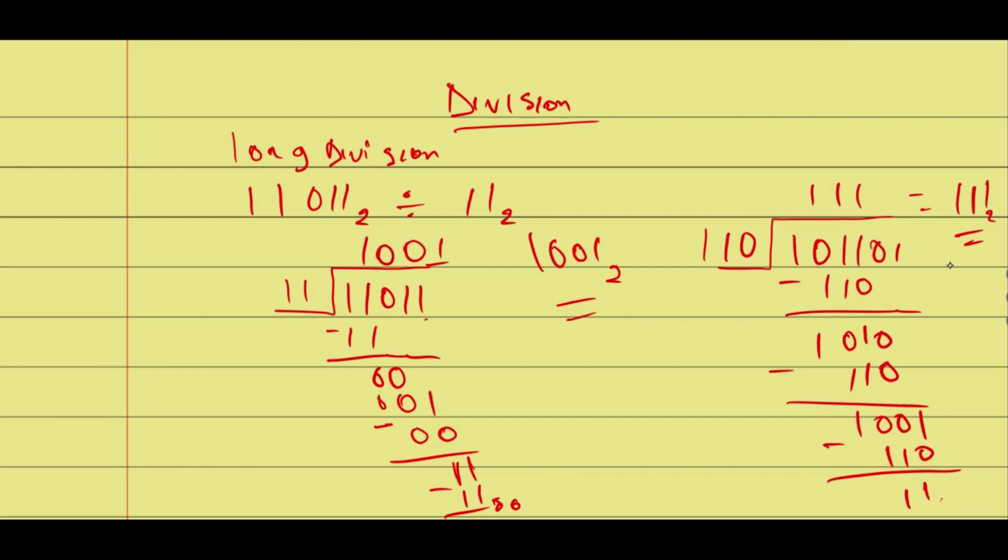Another way to divide, if you have issues with long division, is to convert these numbers to base 10, solve the answer, and then convert the answer back to base 2. Let's see how this will play out. So this will now lead us to conversion in binary.